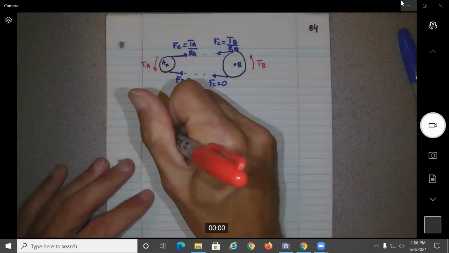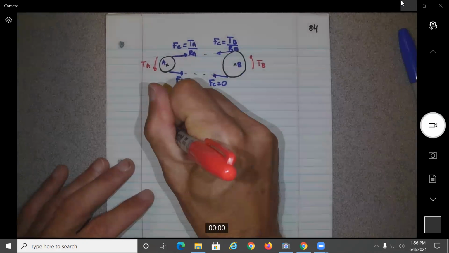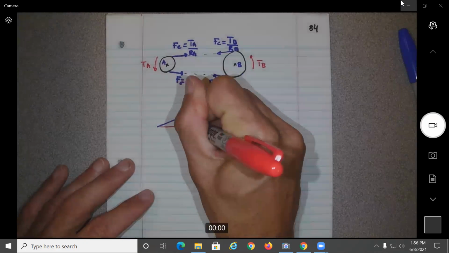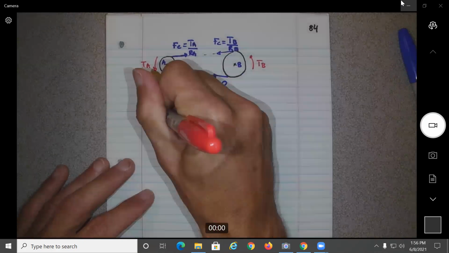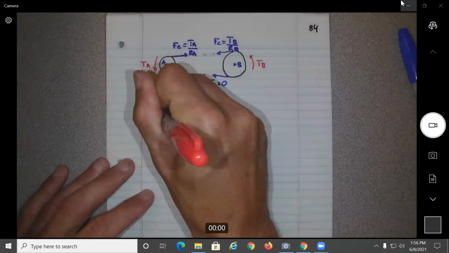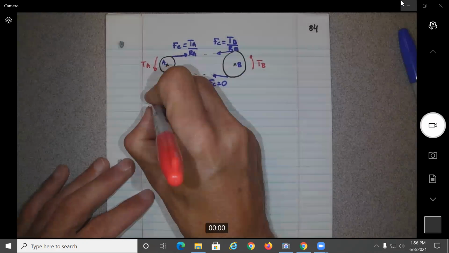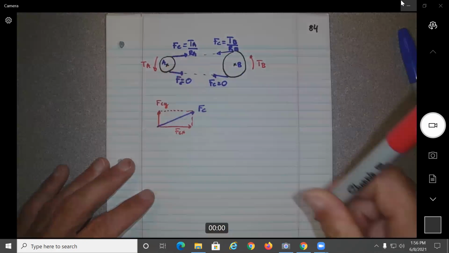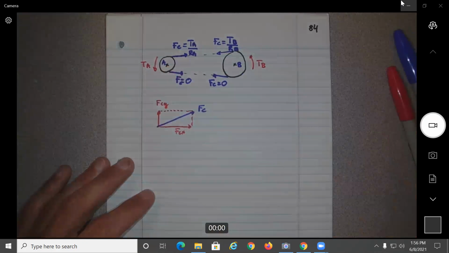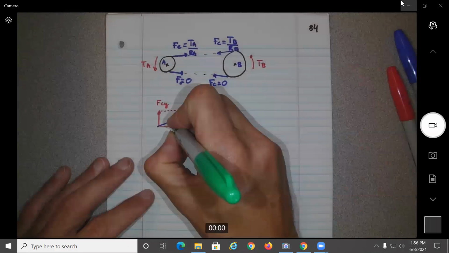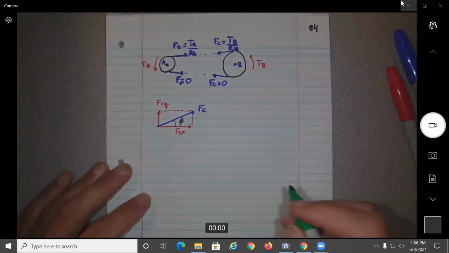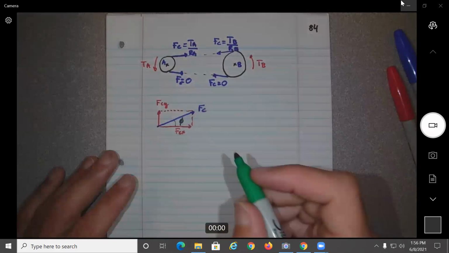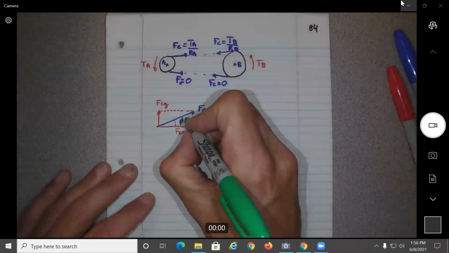You will have one component, F of Cx, and F of Cy, and this will be the pressure angle, the angle here, call it phi. They call it theta because it can be different, so don't call it phi, call it theta.